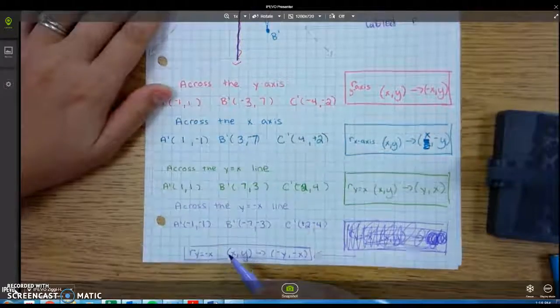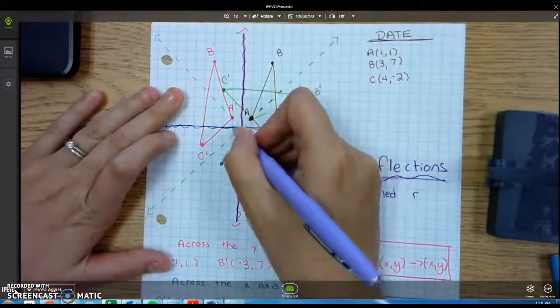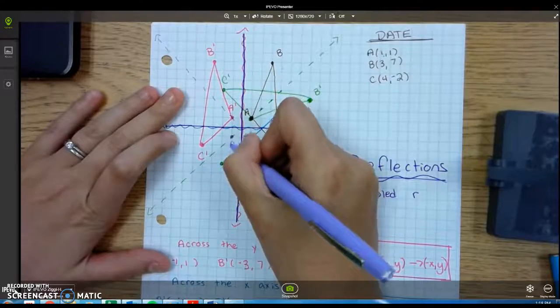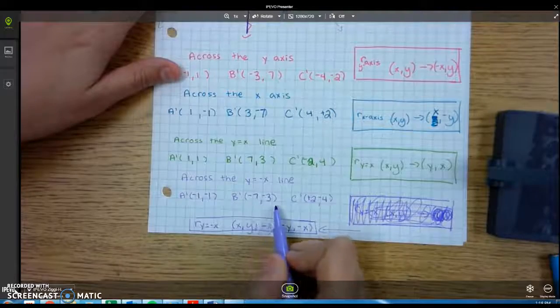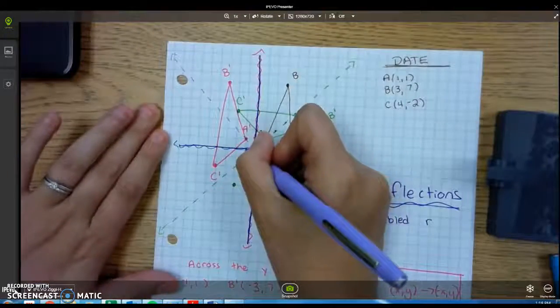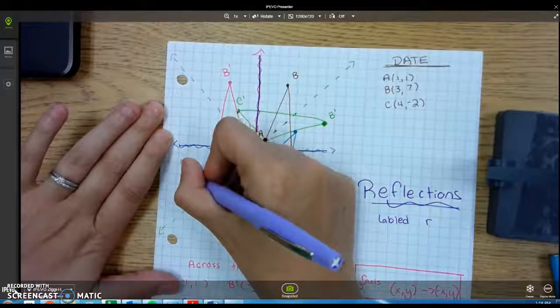And now we can plot them. We have A is negative 1, negative 1, A prime. B is negative 7, negative 3. 2, 3, 4, 5, 6, 7, 1, 2, 3.